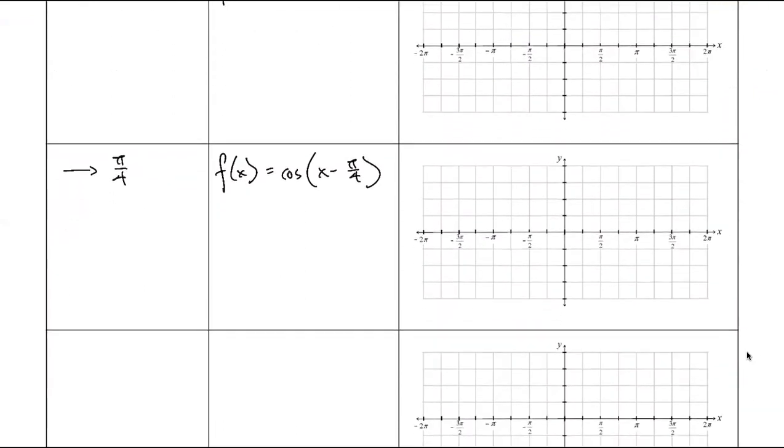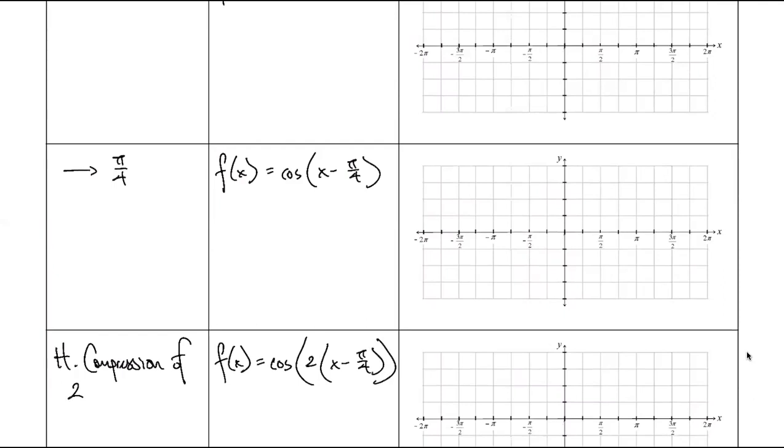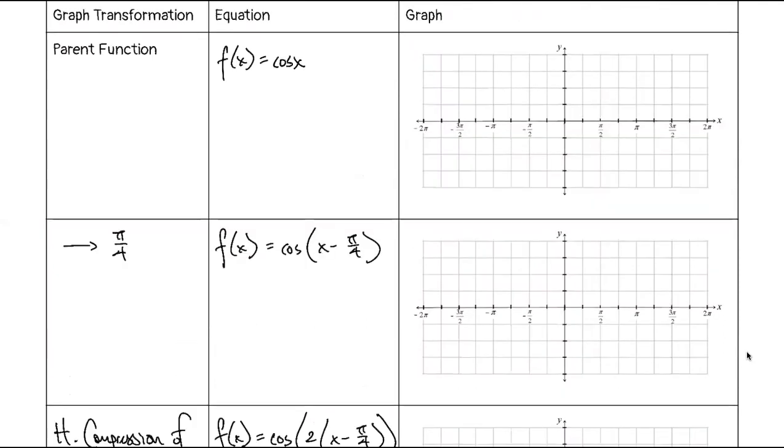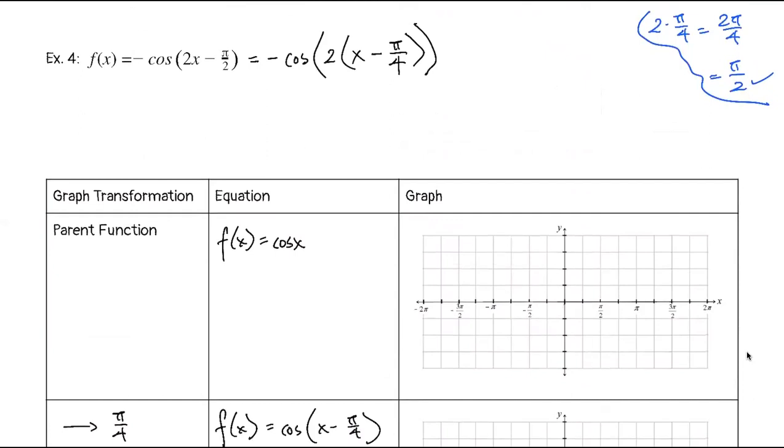Then after that, we have our horizontal compression of 2, right? That's our B value. And last but not least, we have that negative sign in the front.